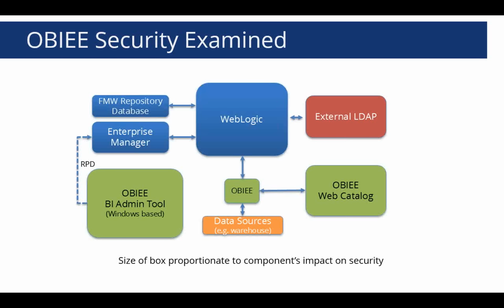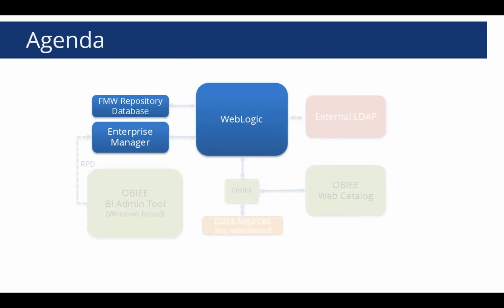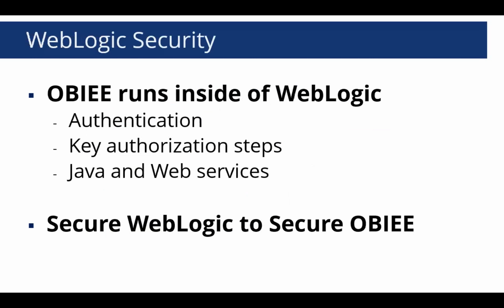When we're then ready, we're deploying by uploading the RPD file to Enterprise Manager. We'll be coming back to this picture at least a few times in the presentation, and we'll first look at Weblogic.